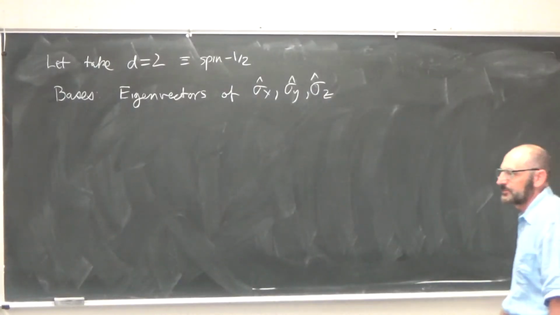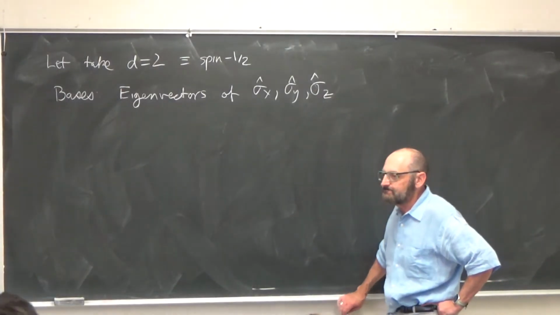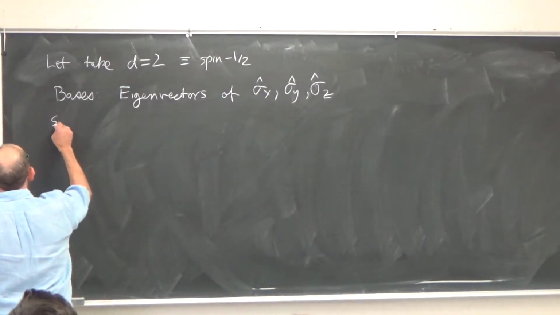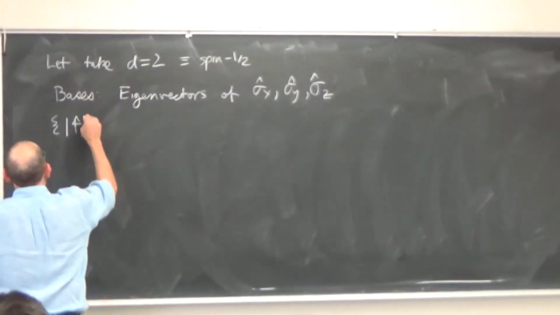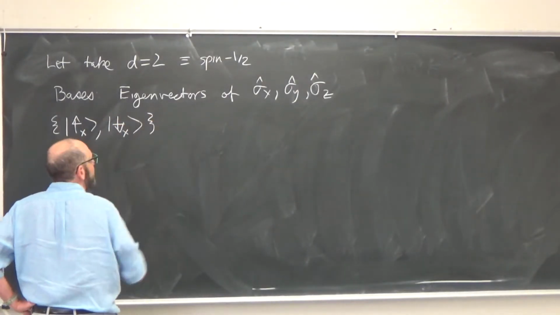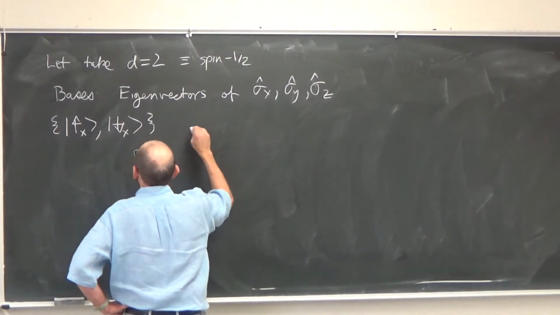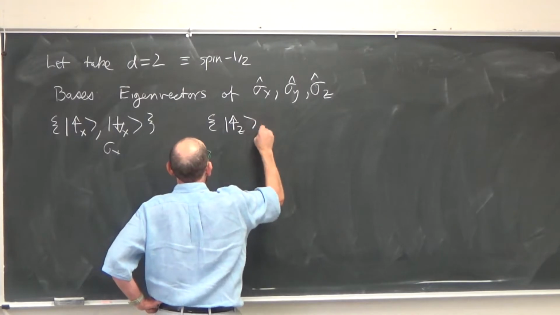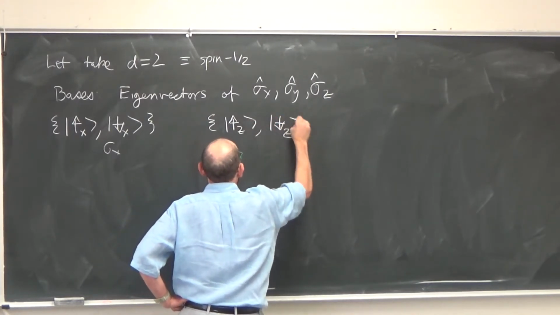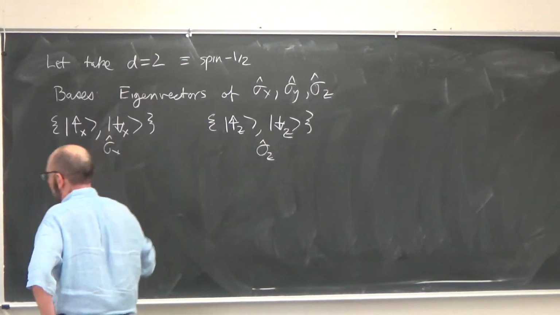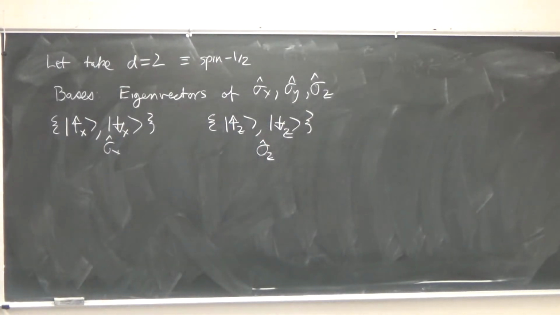We've been using it extensively. So I could have an example basis: spin up along x and spin down along x. That's a basis. Or I could think about the basis of spin up along z and spin down along z. That's the standard basis. Or if you want to use quantum information, then you call it the computational basis.